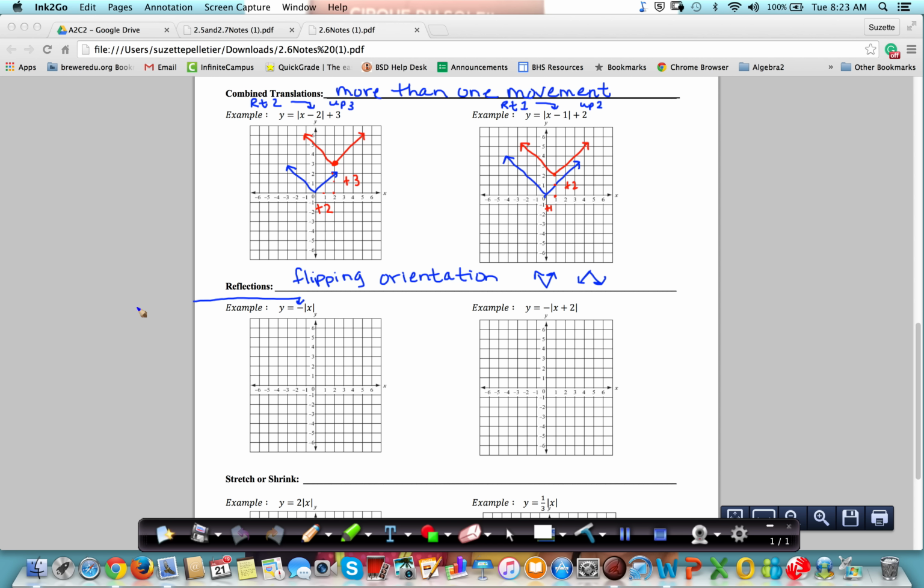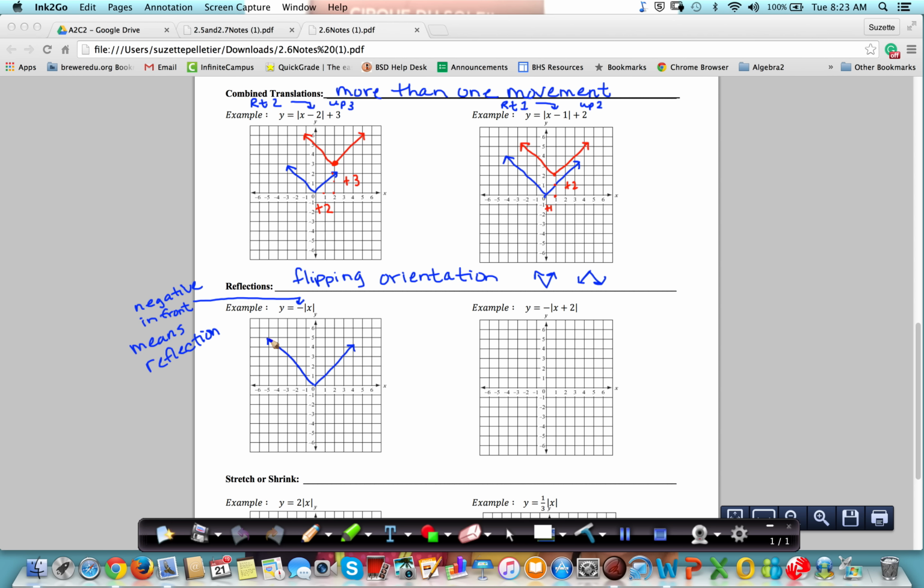Okay. Negative in front means reflection. All right. So negative absolute value of x means that I'm going to take my normal absolute value of x, my parent function, and I'm going to reflect it.